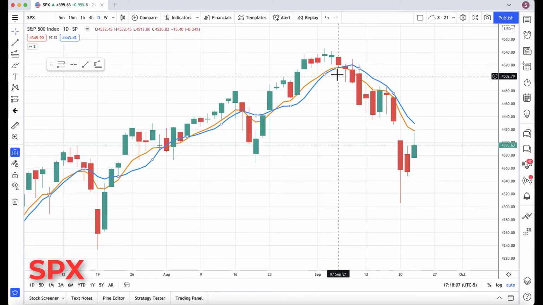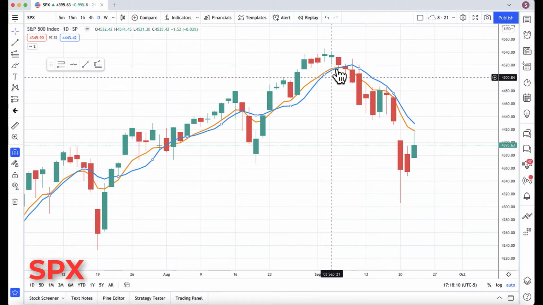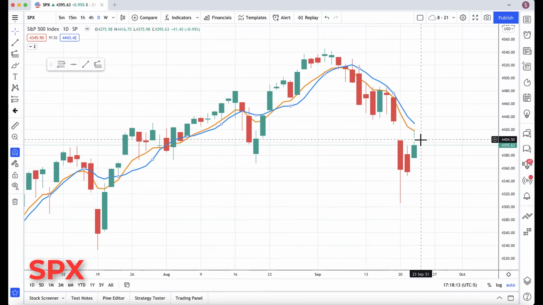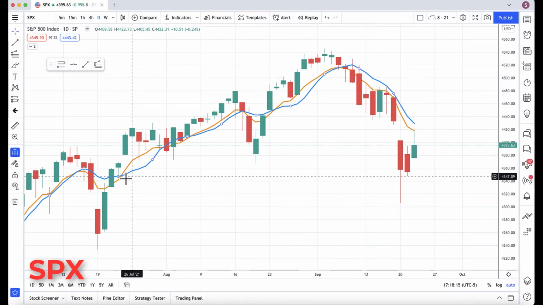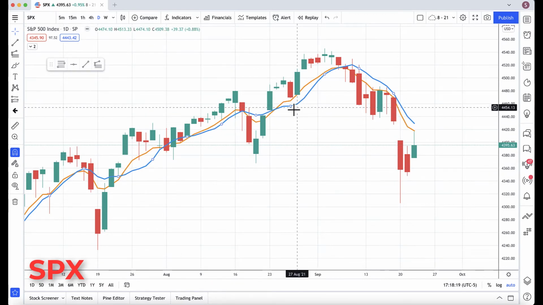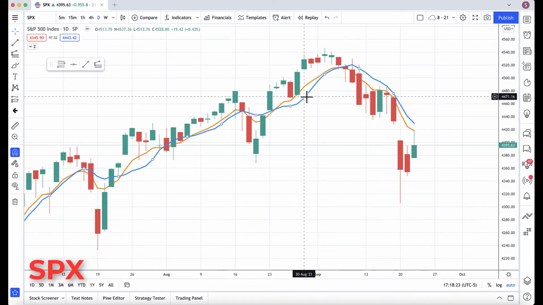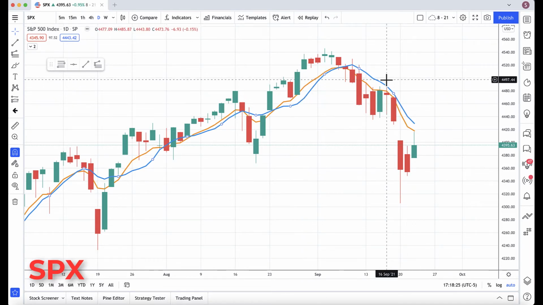So you can see the blue is the simple, the orange is exponential, so it turns quicker, it follows the price action a little closer based off more recent price action. You can use the simple, it just did not test out as well for the concept of the rotation zone. That's why we use the exponential.